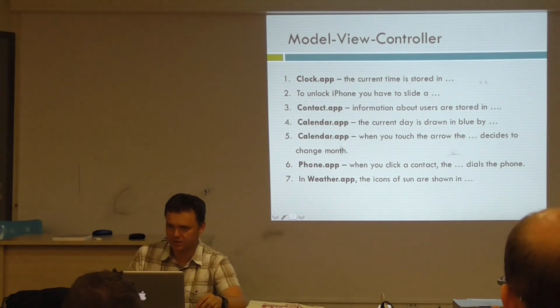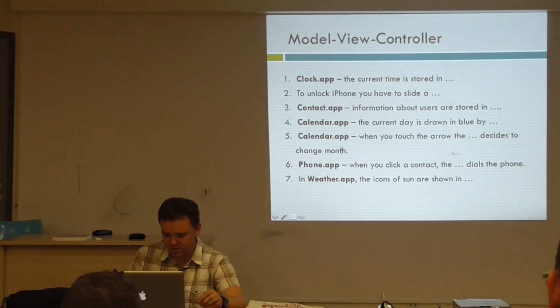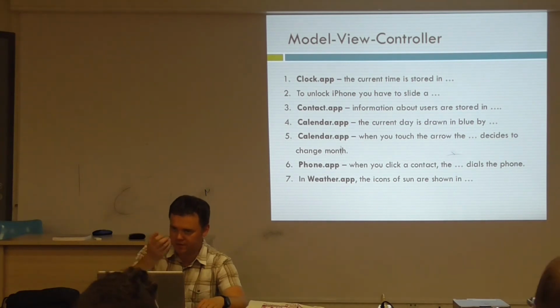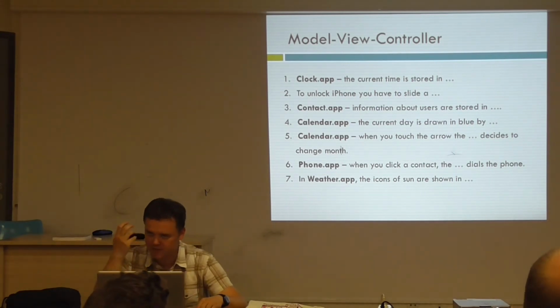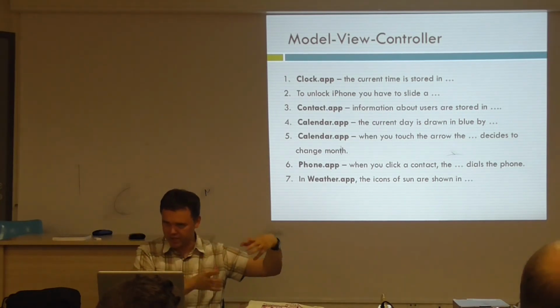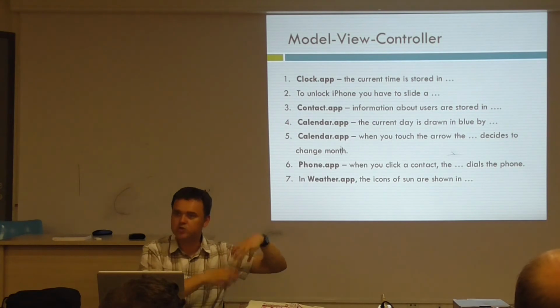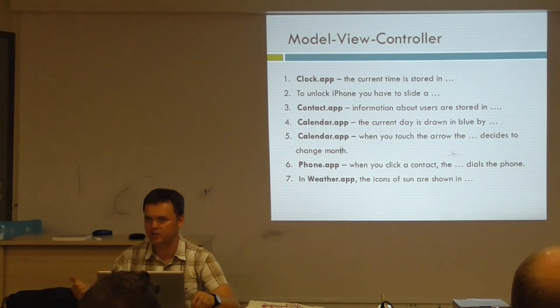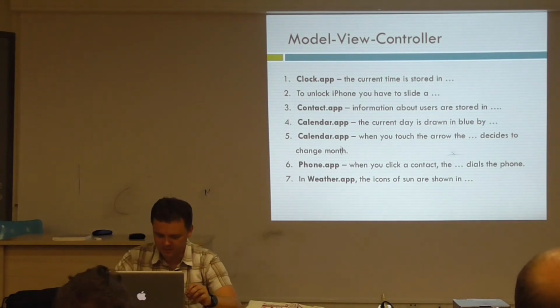What part decides to change the month? In that case, controller, yes, because we are sliding something that is element, graphical element. It means that is view, but it's associated with controller who is responsible for some event handling. Okay?